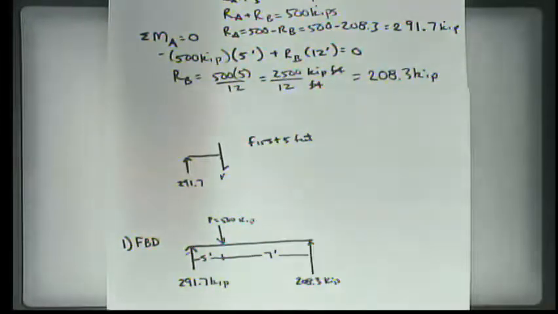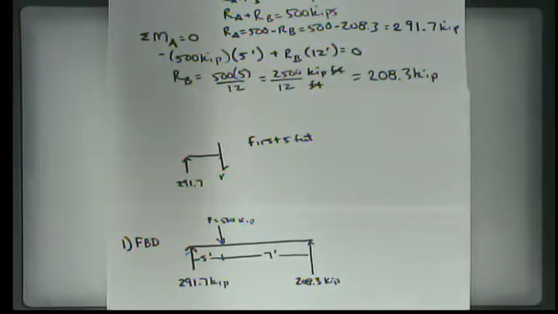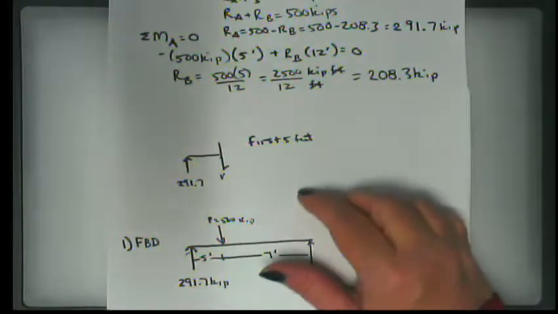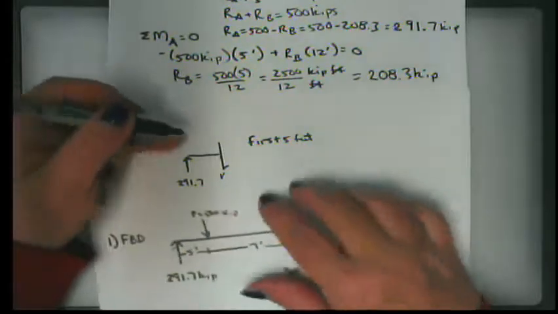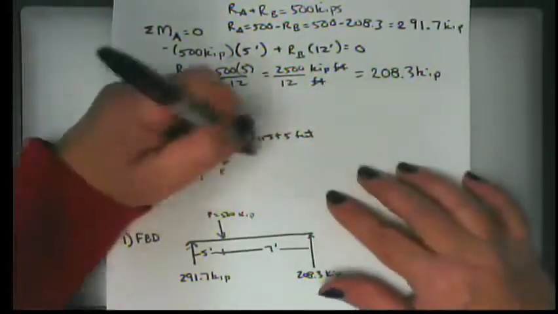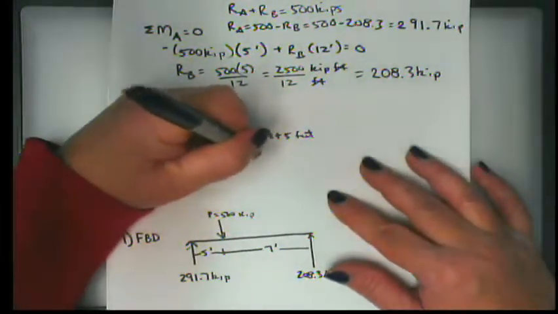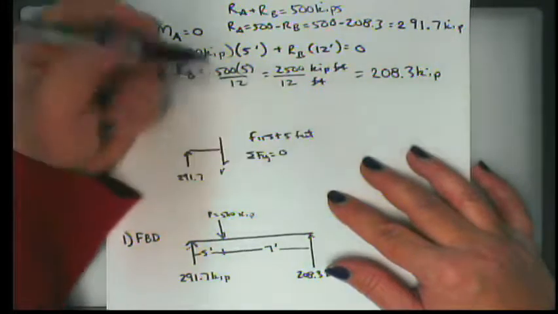Sometimes it's a lot easier to start on the right and cut to the left. I'm not fixed about it the way I am about my sign convention, but I tend to start on the left and work to the right. Sometimes one way is infinitely better than the other, but in most cases not. So for the first 5 feet, the summation of forces in the y direction is equal to 0.